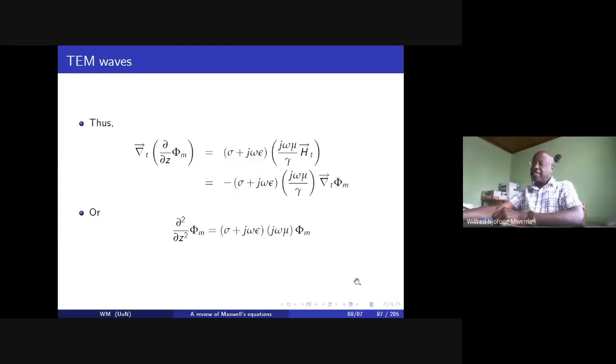We are going to get equations of this nature, where the differential equation is equal to the function itself multiplied by a constant. Such kinds of problems are called eigenvalue problems.